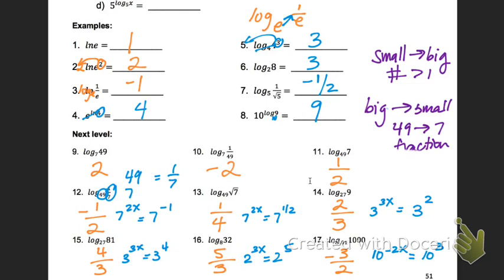So this is like saying 7 squared, and this is like saying 7 to the -1. And put an x right there. Then set the exponents equal to each other. So 2x equals -1. Then divide by 2, x equals -1/2. Okay. I wish I would have made that earlier.